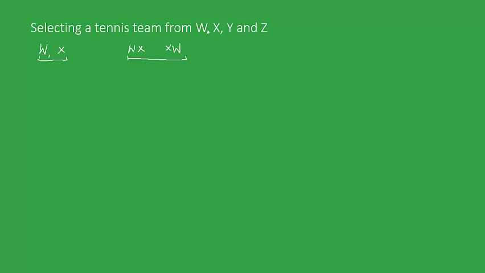So to write the combination, let's first work out the permutation of these four letters, where repetition is not allowed, and we have to choose only two letters. The first letter can be chosen in four different ways. It can be W, X, Y, Z, anything from this lot.